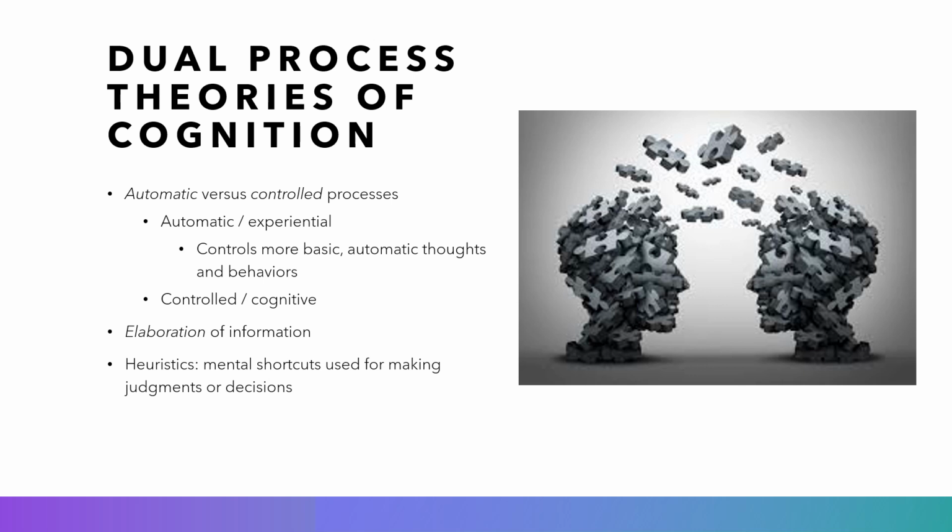What's important to note here is that controlled processes can become automatic through repeated exposure and learning, right? So, like I kind of implied, when you first start driving, it takes a moment to remember to slam on the brakes. And I bet a lot of us, including me, have had the experience of trying to use the brake and then you accidentally hit the gas instead, or vice versa.